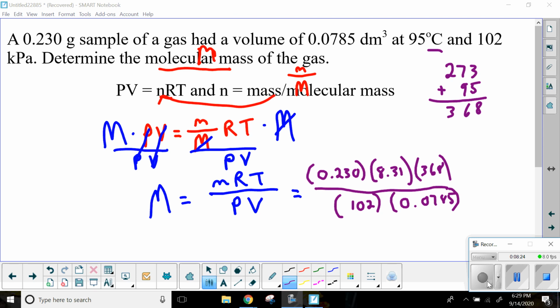And we're ready to solve. So I'm going to say 0.230 times 8.31 times my 368. Get that answer and make that answer 3 sig figs. So I multiply the numerator values together to get 703. I'm going to have 3 sig figs on the denominator as well: 102 times 0.0785, and I get 8.01.